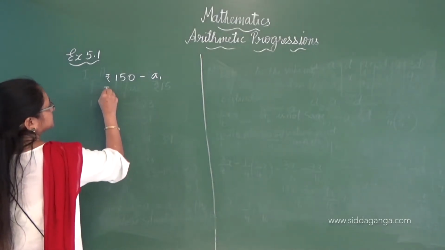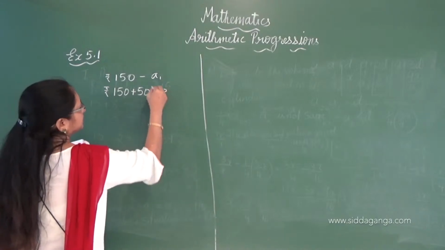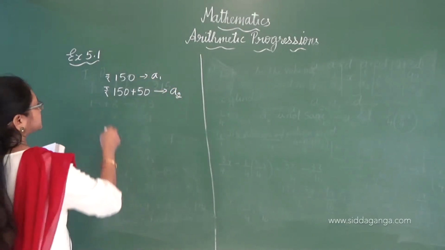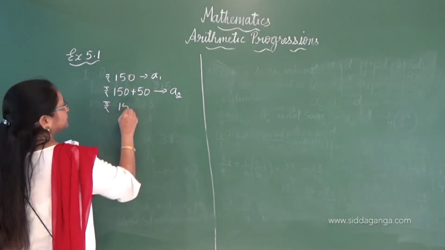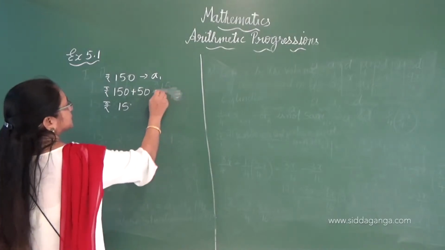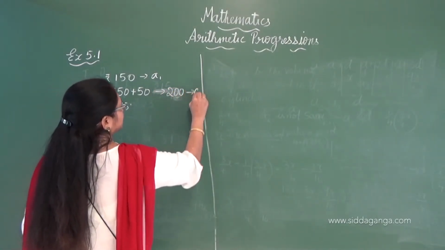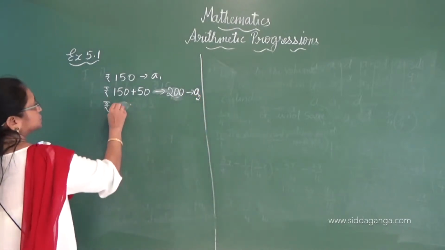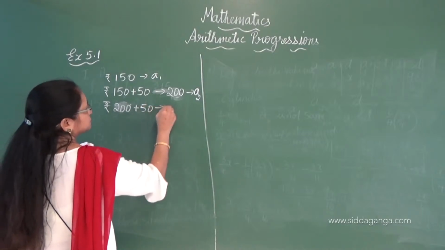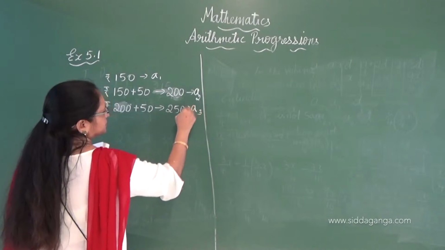So, here for the next one 150 plus 50, this will be our A2, that is the second term. Sorry, this will be 200, that is A2. Next will be 200 plus 50, so it gives you 250. So, this is our A3.